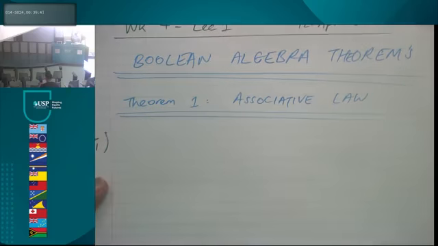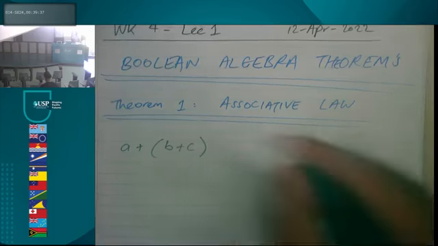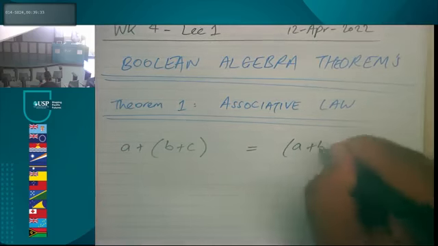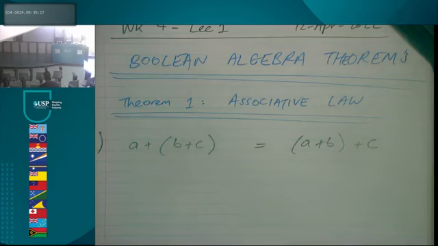Number 1. You have A or B or C is the same as saying A or B or C. Note that when I'm reading that Boolean algebra line out, I'm not saying A plus B or plus C, I'm saying A or B or C. For most theorems, you will have an OR version and an AND version.